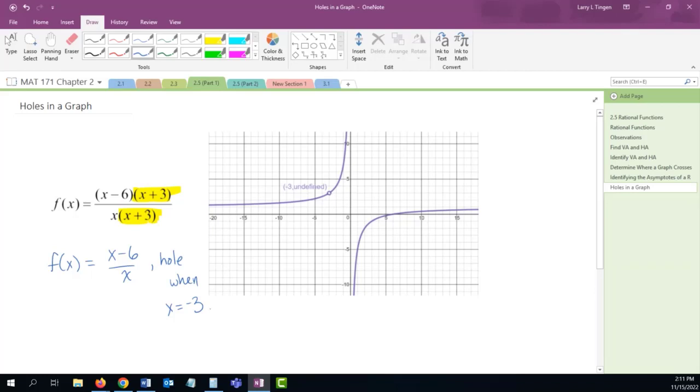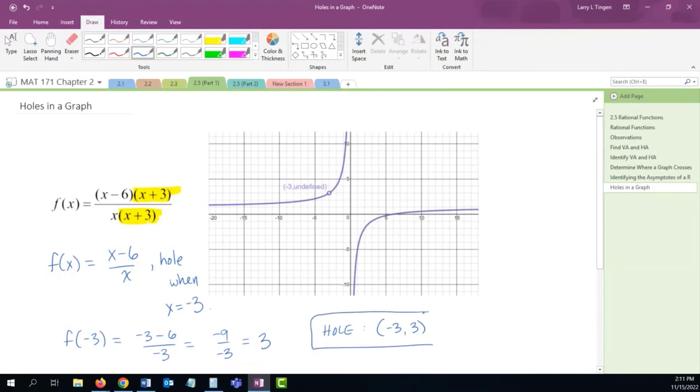What are the coordinates of that hole? Let's find out. So when x is negative 3, I plug that into my reduced form, and I find negative 3 minus 6 divided by negative 3. Negative 3 minus 6 is negative 9. Negative 9 divided by negative 3 is positive 3. So I should see a hole at the point negative 3, 3.